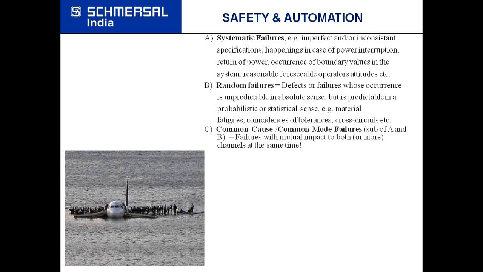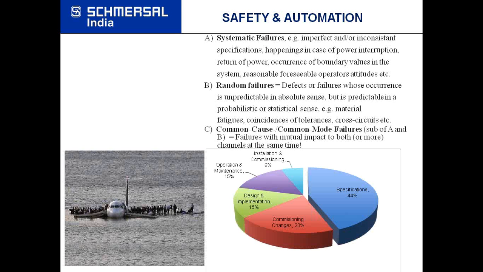There was a survey done in one of the European countries, and it was found that the reasons for dangerous failures are 44% because of specifications, 20% because of commissioning changes, 15% each because of operation and maintenance issues, and 15% for design and implementation, and only 6% because of installation and commissioning.